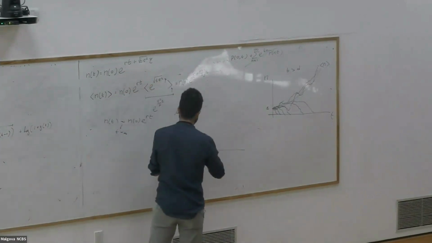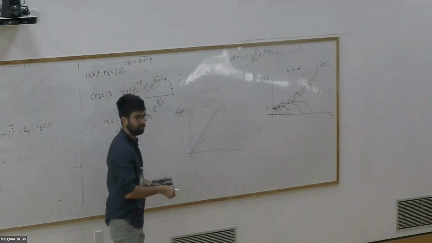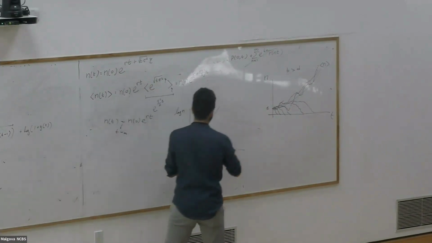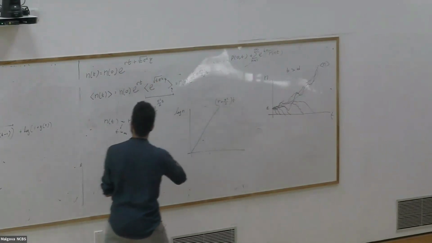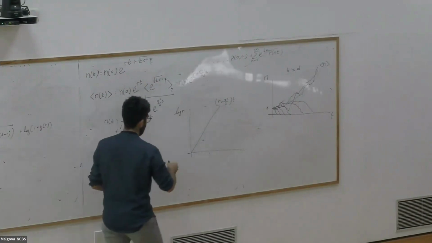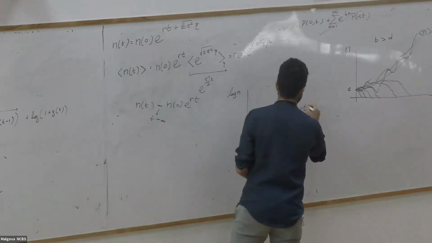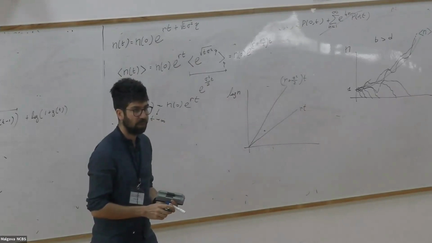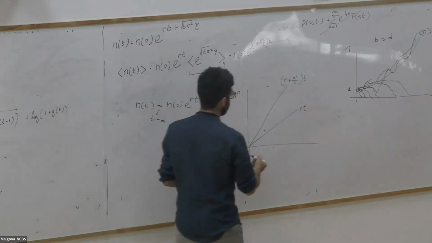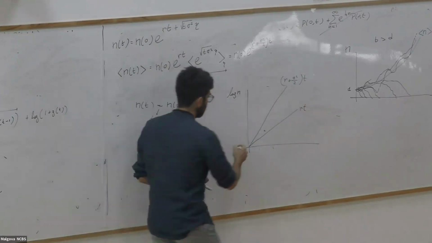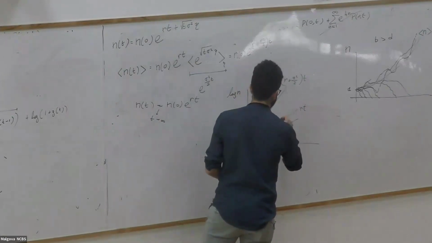So if you have some initial condition, here you have the average solution, which grows with rate r plus sigma squared over 2, and then you have the large time limit, the typical solution, which grows with a different rate, rt. So what is happening here? If you simulate this process, you see that the trajectories are around this value.